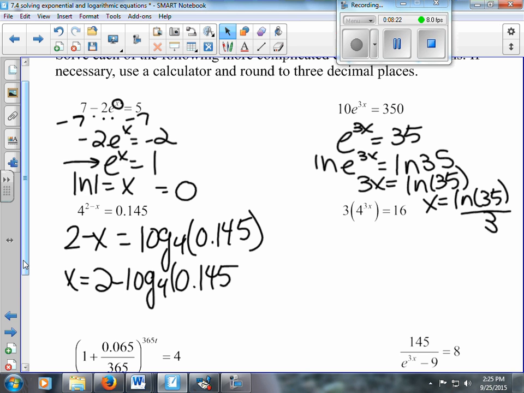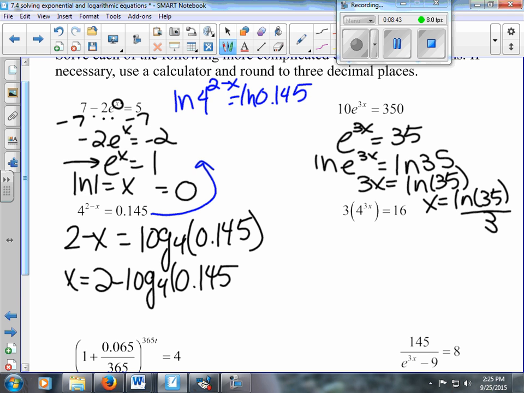Let me show you an alternate way of doing this one in blue here. Some people, and especially if you have the TI-84, you should be thinking about doing it this way. You can apply a natural log to both sides of the equation, equals natural log of 0.145. Then you can think about exponent properties, and you can take the 2 minus x into the front.